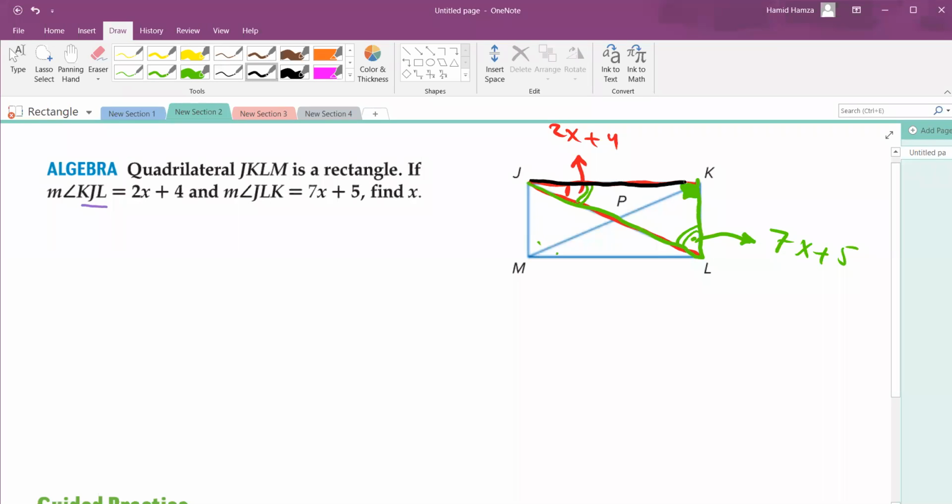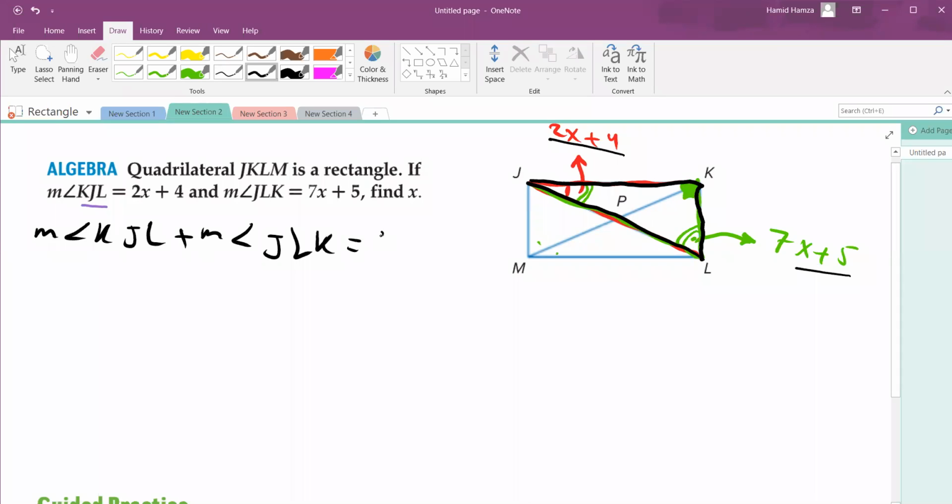This is a right triangle. This angle is 90, which means the sum of the other two acute angles is also 90. So the measure of angle KJL plus the measure of angle JLK equals 90 degrees.